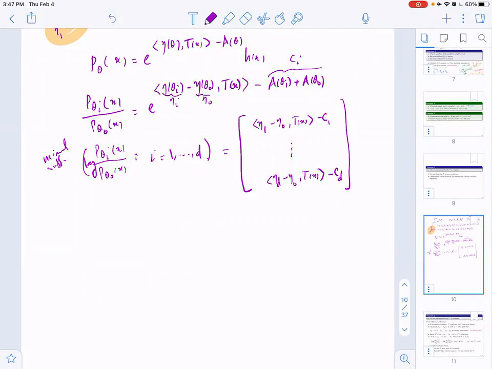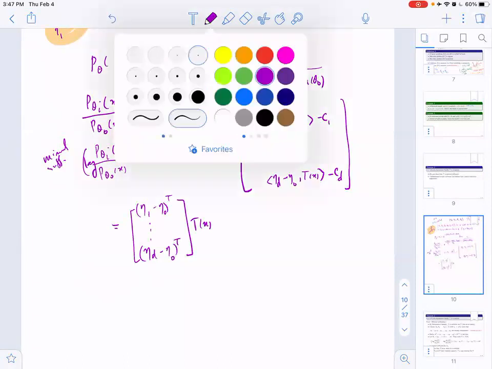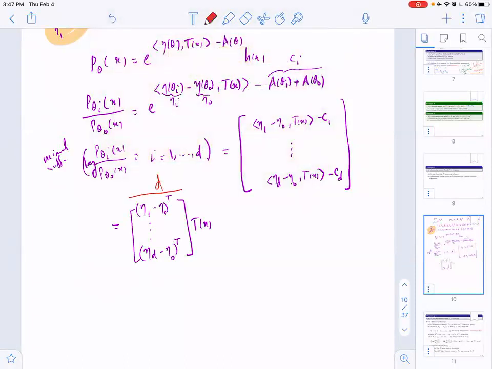And then I can further write this as, so I gather all these as (eta_1 minus eta_0) transpose up to (eta_d minus eta_0) transpose into a matrix, and then times T of x. Here the matrix is d by d, and T of x is d by 1.